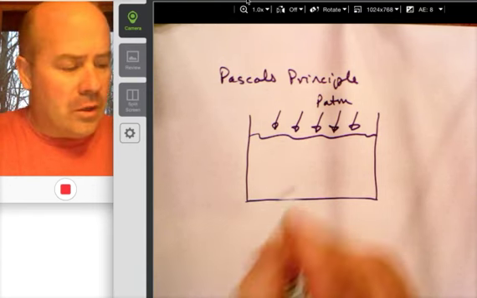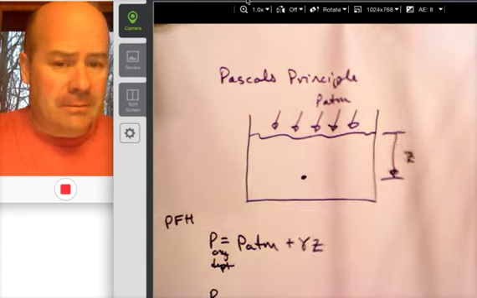Well, by Pascal's principle, it's going to be the pressure applied to the surface, which in this case is atmospheric, plus the pressure due to the weight of the fluid, gamma Z. And so this is really the pressure-fluid height relationship. The pressure at any depth is the pressure at any point above, so atmospheric up there, plus gamma Z. In fact, we can make this even more general for those cases where the atmosphere isn't acting.